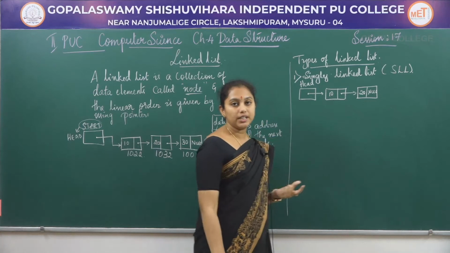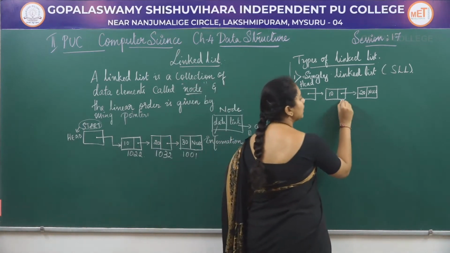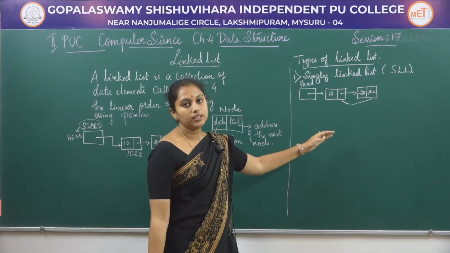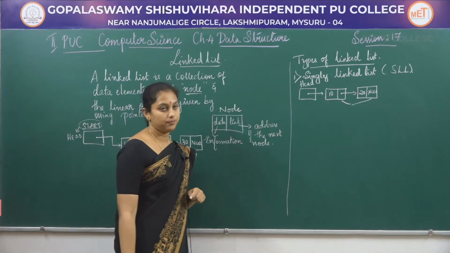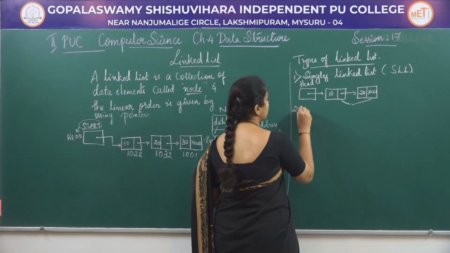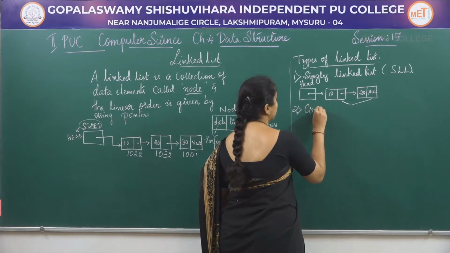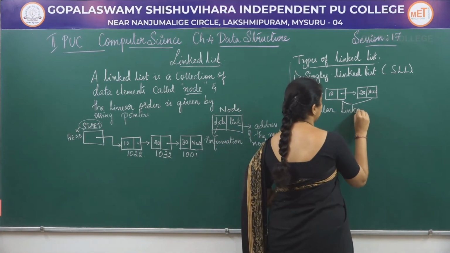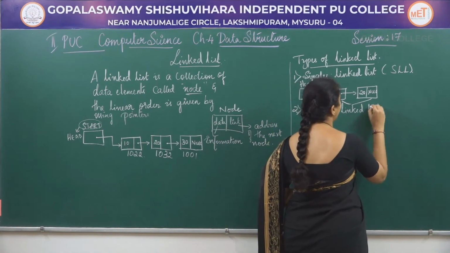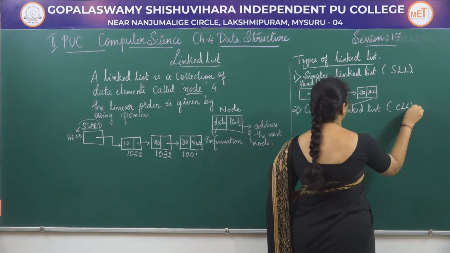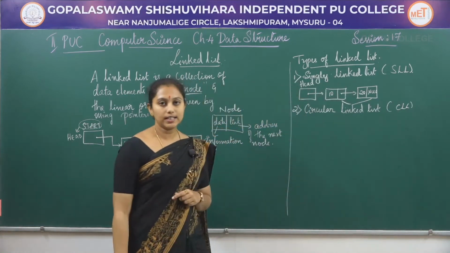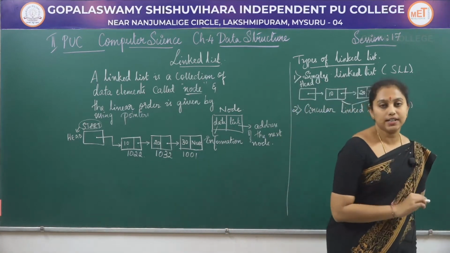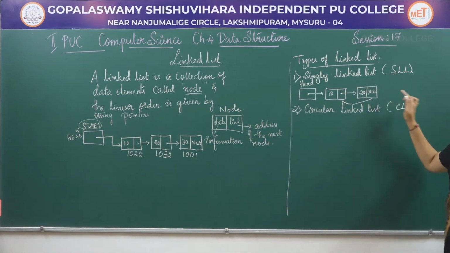Since there is only one link field in all the nodes, this type of linked list is called a singly linked list. The second type of linked list is the circular linked list, also called CLL. In a singly linked list, each node contains only one link part.